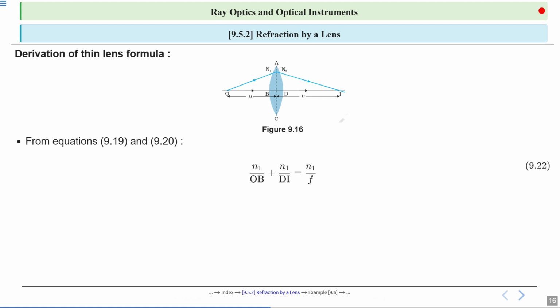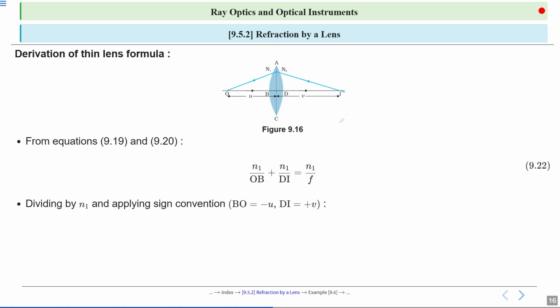Why? Because the object is at infinity, so parallel rays after refraction will converge at one point, known as the focus. So image distance becomes equal to focal length, DI becomes F. So n1/OB + n1/DI becomes n1/F, from equations 9.19 and 9.20. Mark it as equation 9.22.